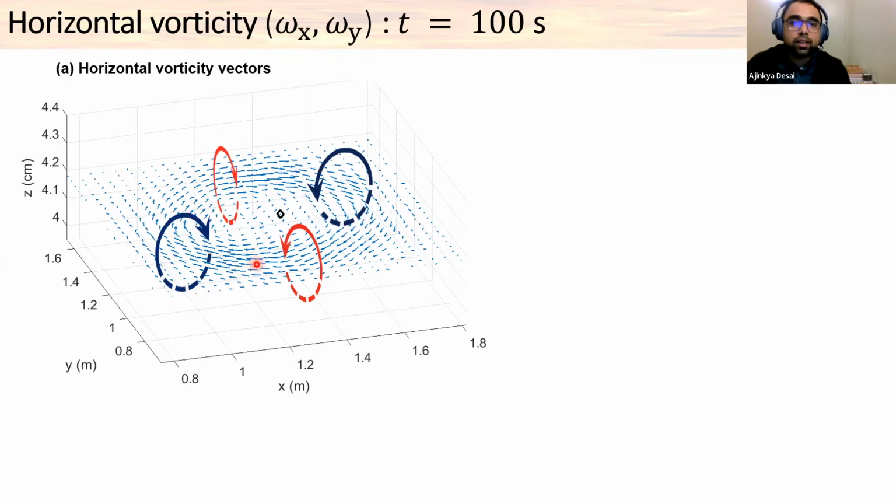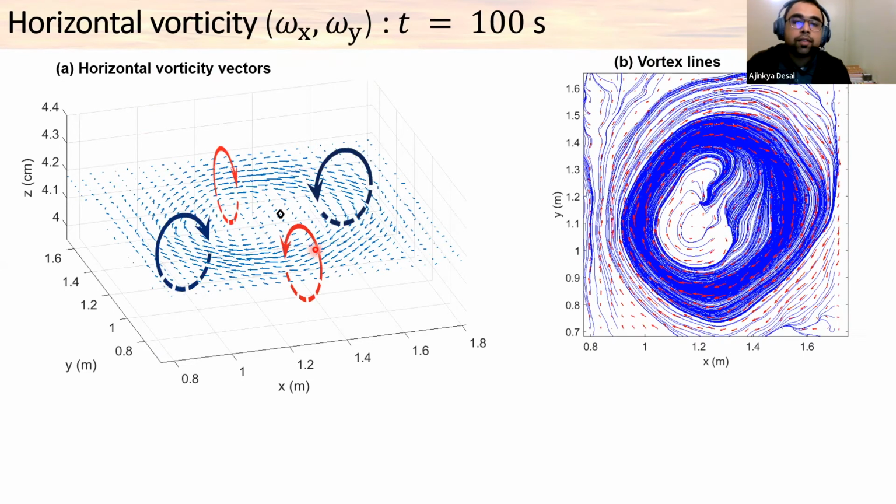Taking this further, if you were to plot a vortex line that corresponds to these vorticity vectors, you see that these vortex lines originate way outside the fire perimeter, spiral their way inward toward the fire perimeter, where they get denser at the location of the fire perimeter, and then as they move inward into the fire core, they get sparser again.